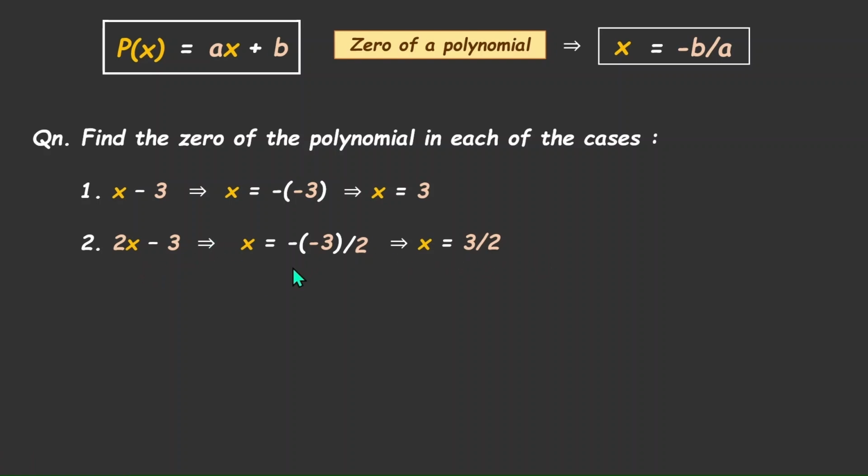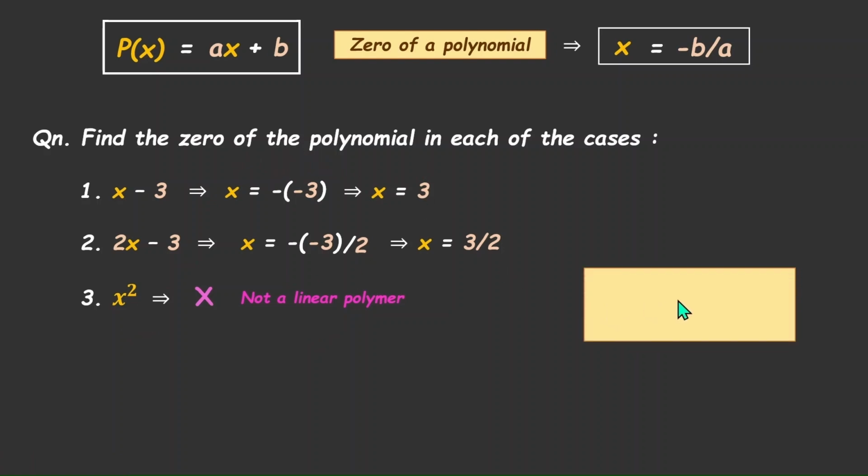Moving on to the next case, we have x squared. So understand the power of x here is not 1. So it is not a linear polynomial. So this formula would not work here. However, we can still find the zero of this polynomial because the definition of zero of polynomial is standard.